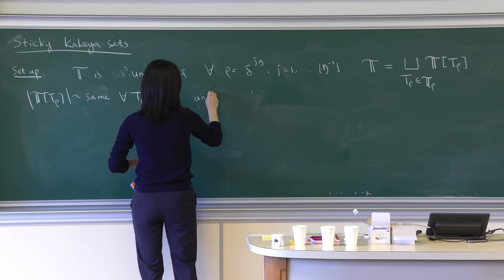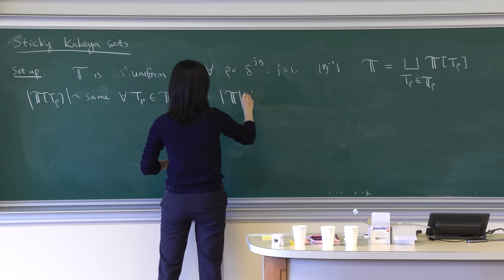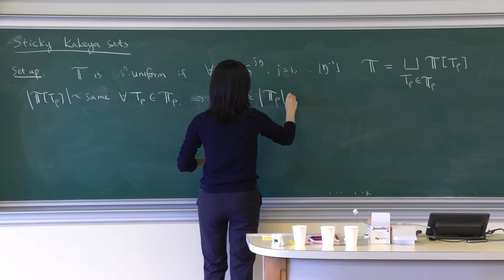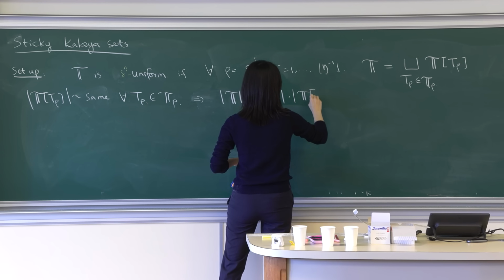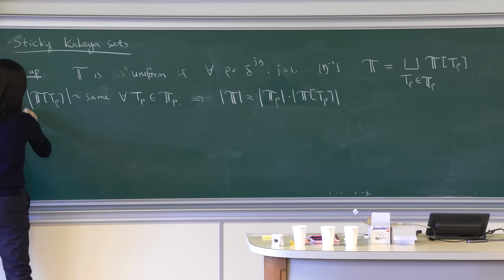This implies that the number of tubes is roughly the number of rho tubes times the number of delta tubes contained in a rho tube.